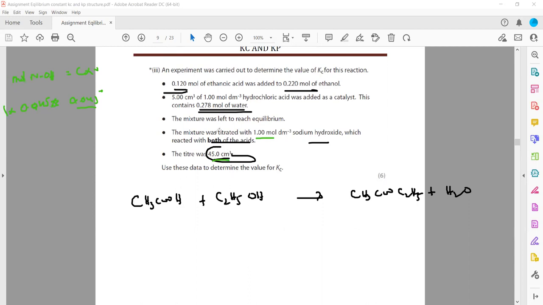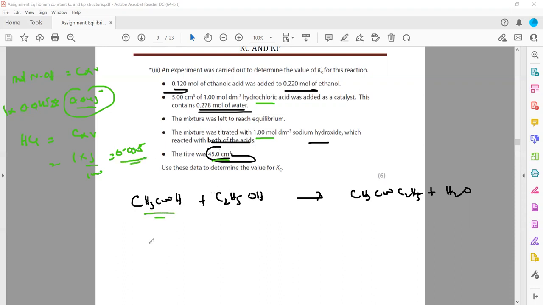Because the total moles of sodium hydroxide is reacting with hydrochloric acid and ethanoic acid. So how many moles of HCl are there? That is again concentration times volume: 1 times 5 divided by 1000, so 0.005 moles.